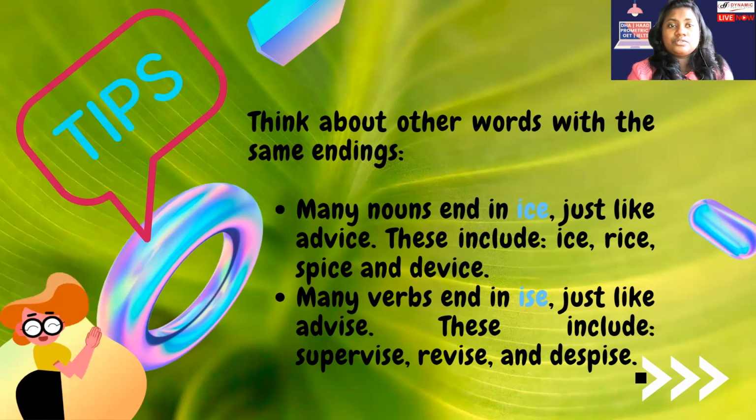By seeing those words, it is clear that they are names only. They cannot be a verb. They are not actions. They are the name of something: a food item, an equipment, a thing. So these words that end with ICE are similar to our advice. In our ADVICE also ICE is there. So they are nouns.